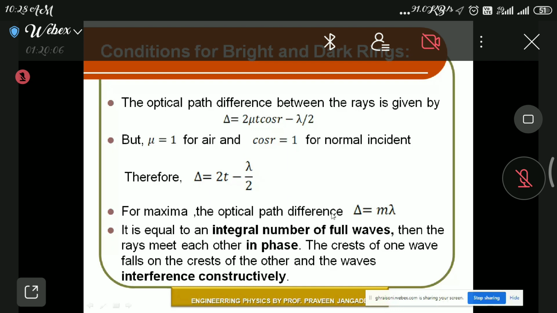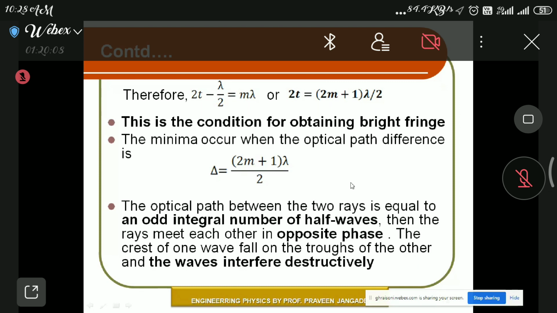If you equate these two equations, after equating, 2t minus lambda by 2 equals m lambda, and from this, with all the lambda terms shifted to one side, twice t equals 2m plus 1 lambda by 2. So this is the condition that we can call the modified condition for obtaining the bright fringe, or bright ring. Okay, and then delta comes out to be 2m plus 1 lambda by 2.